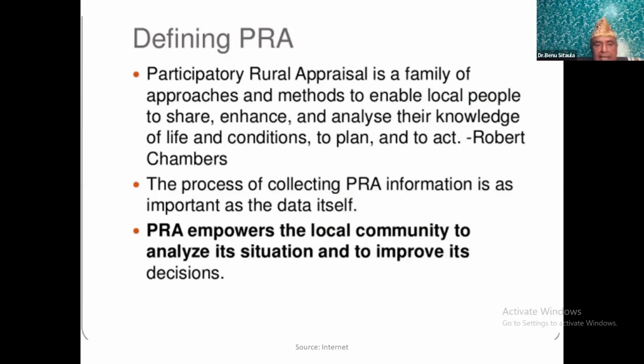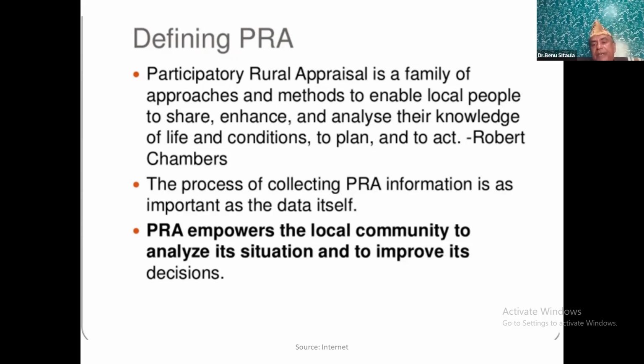Now we are defining participatory rural appraisal. This is also not a common type of data collection tool. It is rarely used. Participatory rural appraisal is a family of approaches and methods to enable local people to share, enhance, and analyze their knowledge of life and conditions, to plan and to act.